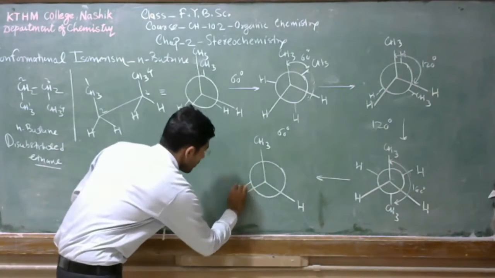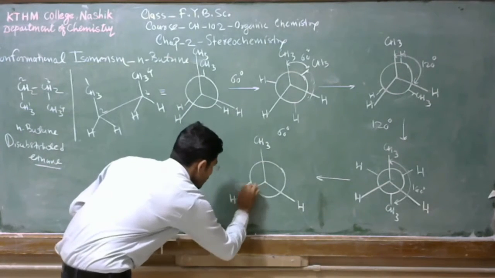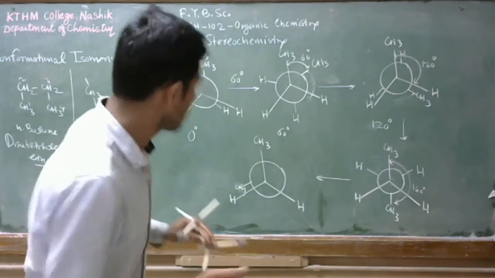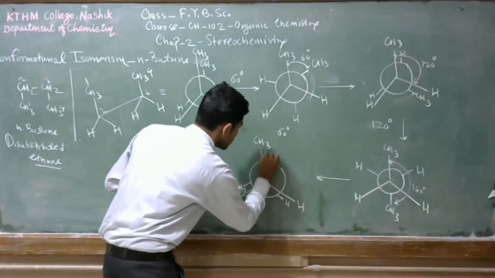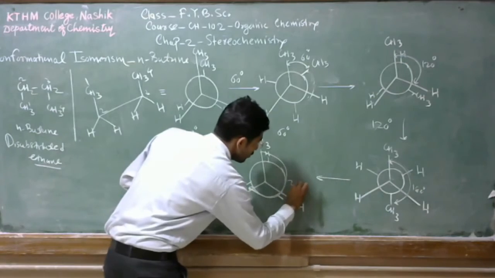So the methyl group comes at this position, the rear carbon's methyl group comes at this position, then H and this H. So overall this methyl group rotates from this to this position by angle 240.